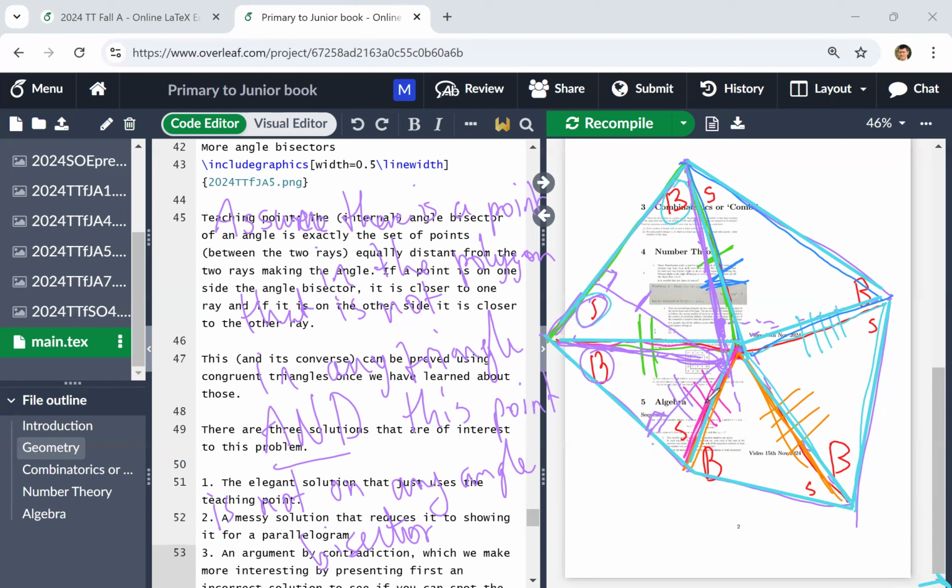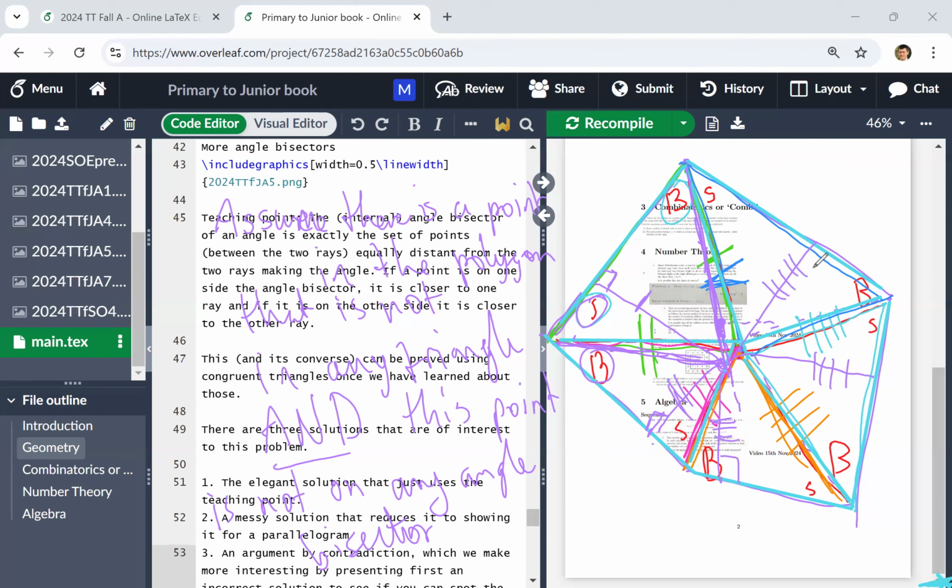Okay, but in the same situation here, this side is closer to this side than it is to that side, right? That makes sense? Like it's always on one side of the angle bisector. So it's closer to this side than it is to this side, and it's closer to this side than it is to this side.